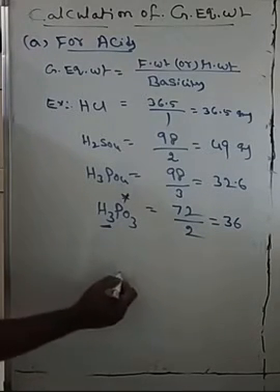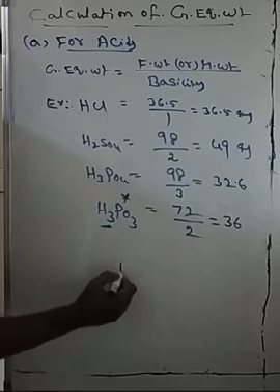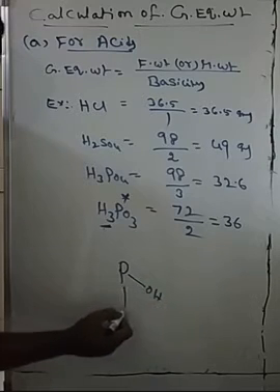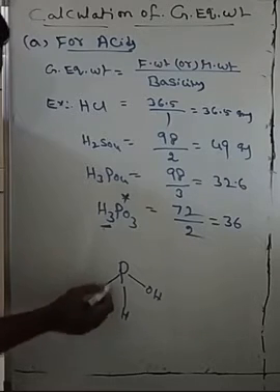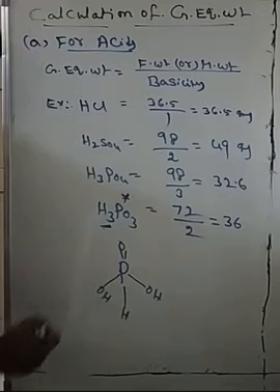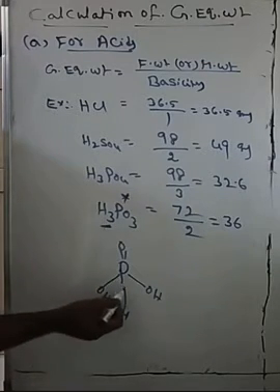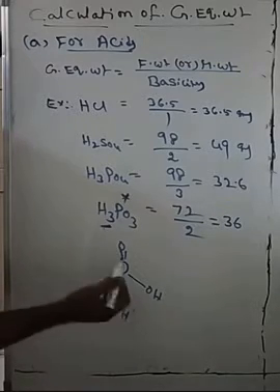Why is basicity 2 but not 3? Observe the structure of H3PO3. This is called phosphorus acid. Phosphorus acid structure is P, with OH, hydrogen, OH and double bond O. Now see, out of 3 hydrogen atoms, one hydrogen atom is directly attached to phosphorus.